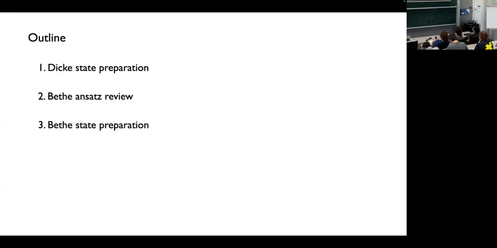So here's an outline of the talk. As a warm-up, I'll describe how to prepare Dicke states. These are kind of baby versions of Bethe states, which are actually of interest independently in quantum information. Then I'll give a brief review of the Bethe ansatz.